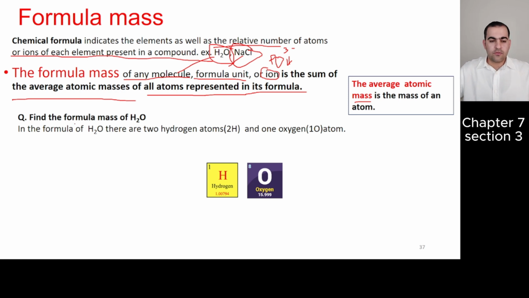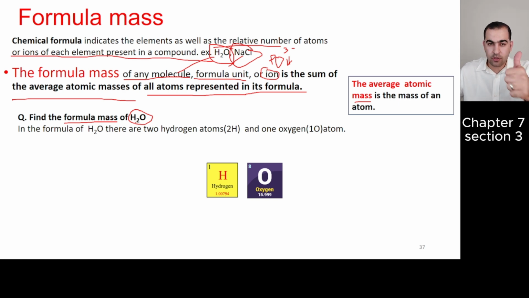An example: find the formula mass of H2O. This is one of the common questions that asks about formula mass. When it asks for formula mass, we need to know the number of atoms represented in its formula. There are how many hydrogens? There are 2 hydrogens and 1 oxygen atom.